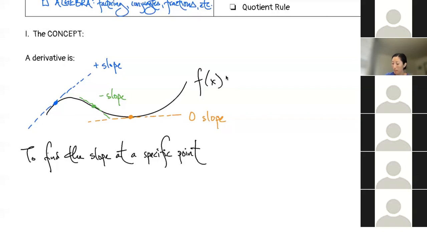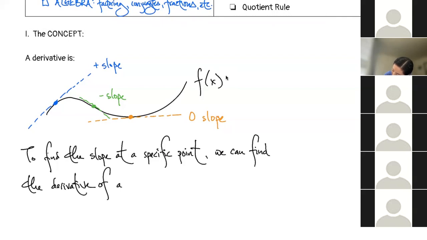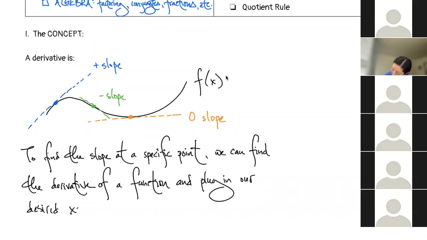But if we're going to find the slope at a specific point, then what we want to say is we can find the derivative of a function and plug in our desired x value.